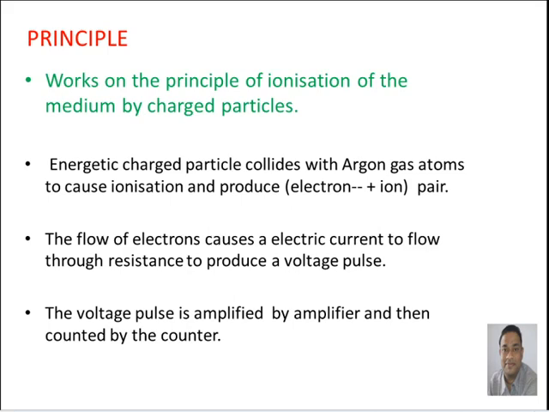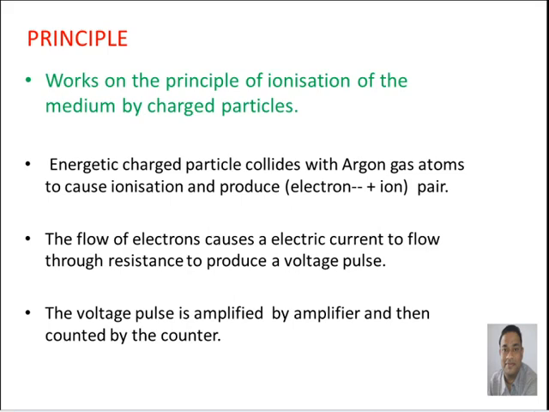The electrons are immediately attracted towards the positive terminal of the voltage source. As a result, the flow of electrons gives rise to an electric current, which flows through the resistance to produce a voltage pulse.